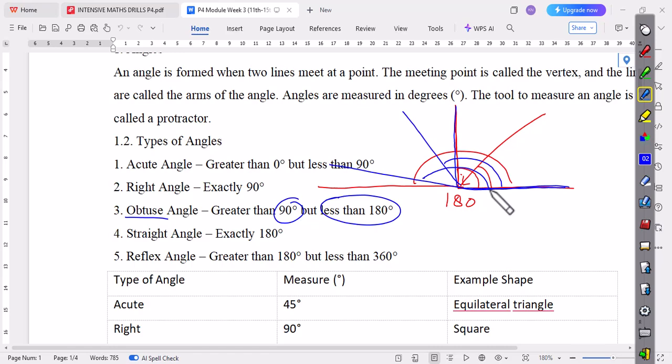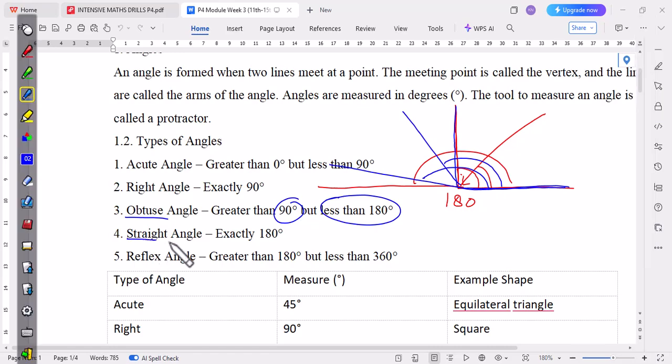And the last part, oh no, we have another one. This is straight angle. Straight angle is the kind of angle that we just explained before, a straight line. Okay, this straight line is called a straight angle. And we have another one, reflex angle. Reflex angle is a kind of angle that is greater than 180.